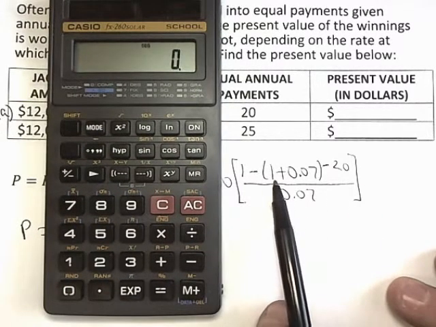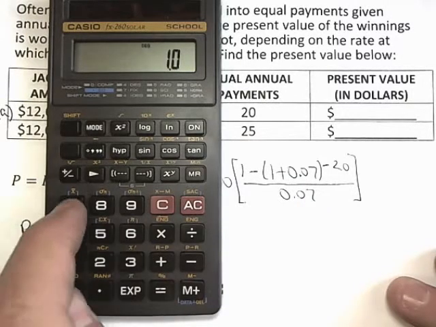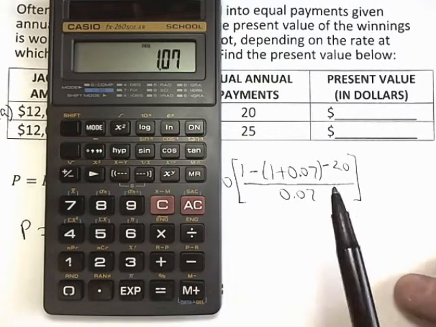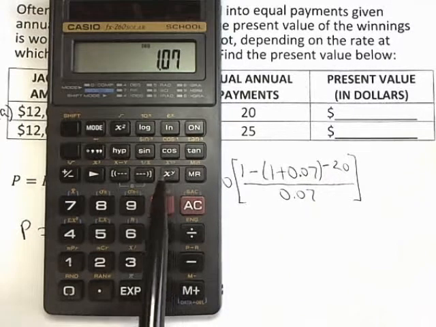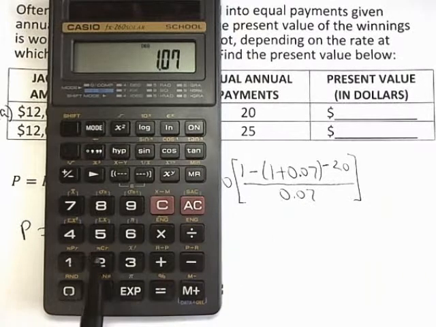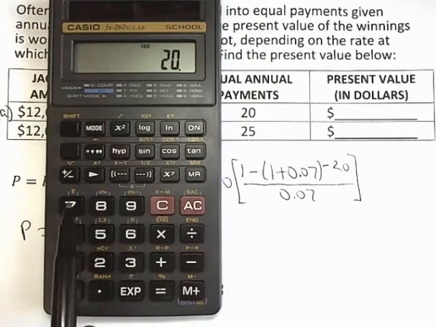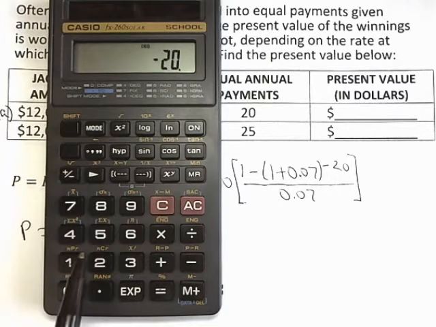So I'm going to start off here. 1 plus 0.07, you can do it on the calculator or just realize that that's going to be 1.07, raised to the power of negative 20. So you have the power key. You can't put a negative number directly into the calculator, so the trick is to put in the positive value 20, and there's a key with a plus minus on it, and that changes the sign of a plus to a negative. So now I have negative 20 as the exponent, so I hit equal.